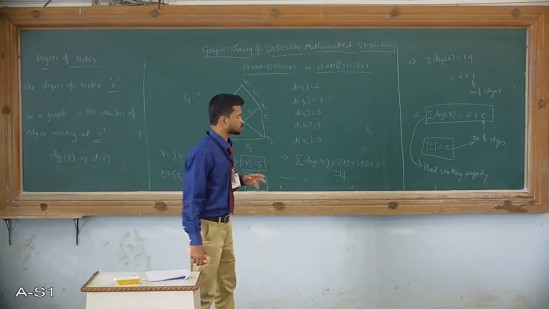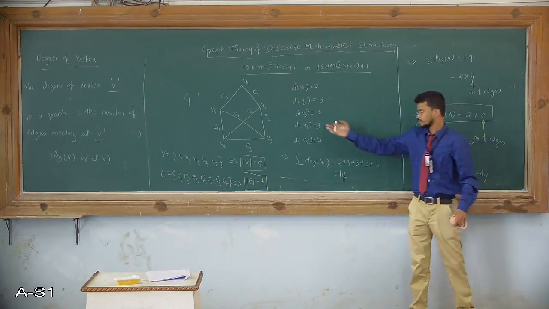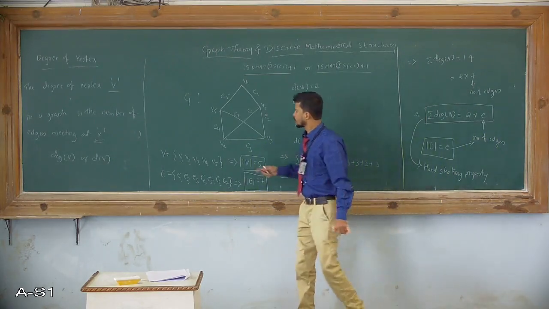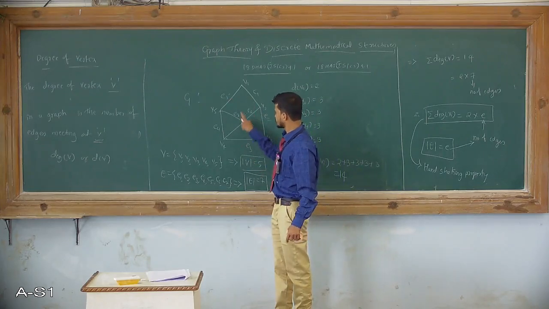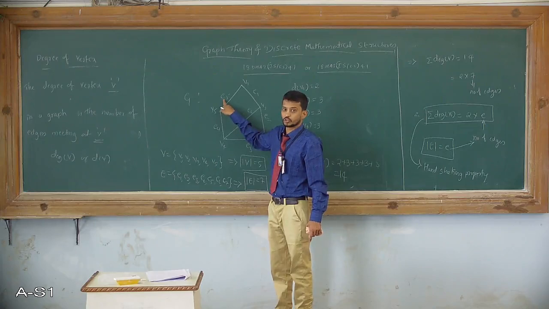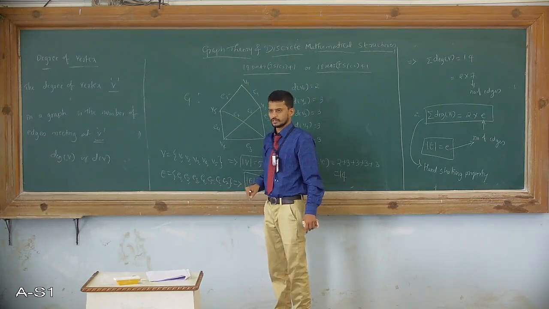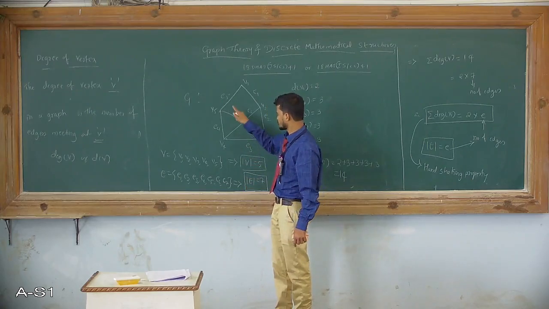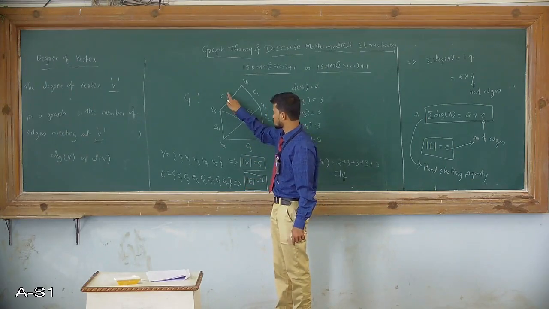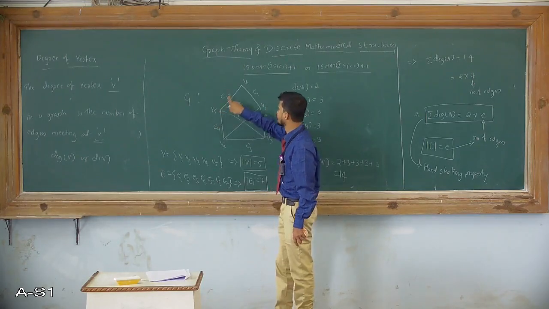Why it is 2 times E on the RHS, we will see by taking this example. If you see any edge in this graph, this edge E5 is contributing to both V1 and V5. I'll repeat it once again. If you consider an edge E5, the contribution of this E5 is to vertex V5 as well as vertex V1.